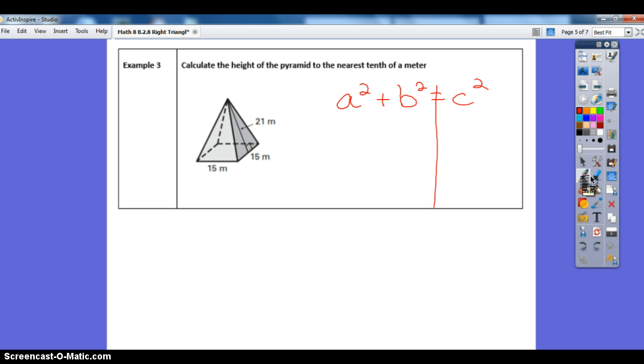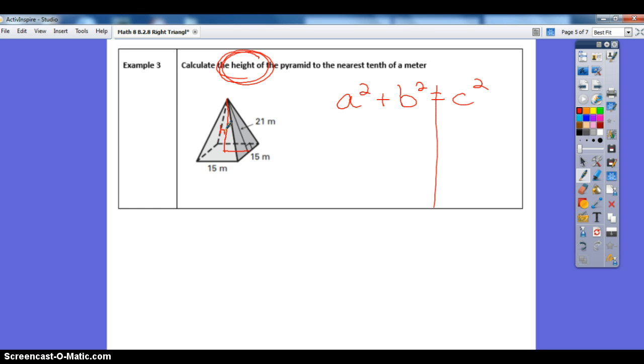What does the directions ask us to do? Calculate the height of the pyramid. So we need to find this, from the middle all the way out. That's what we have to solve for, the inside height.